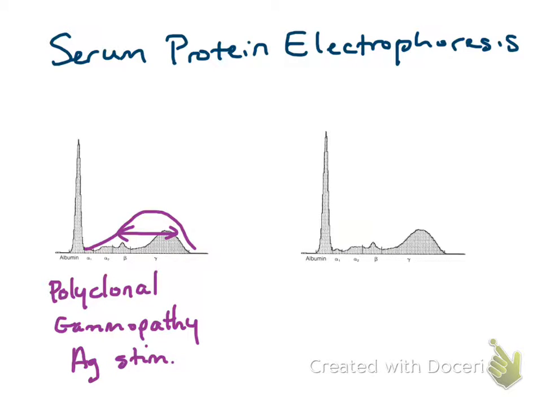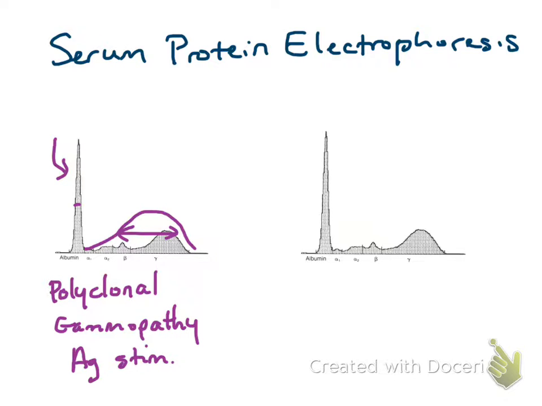And the width of the globulins peak is often wider than the width of the albumin peak. That's kind of our internal micrometer, if you will.